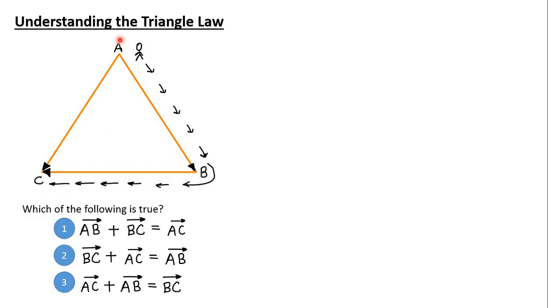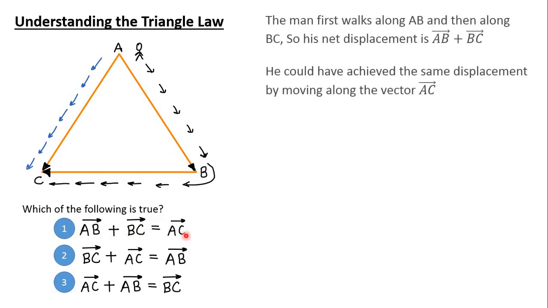So finally the man starts from A and passing through B, he reaches the point C. We can say that he could have reached the point C directly by moving along the single vector AC. Therefore we can say that AB and BC together is equal to AC. Therefore AB plus BC is equal to AC is the correct relation, and the remaining two are wrong.